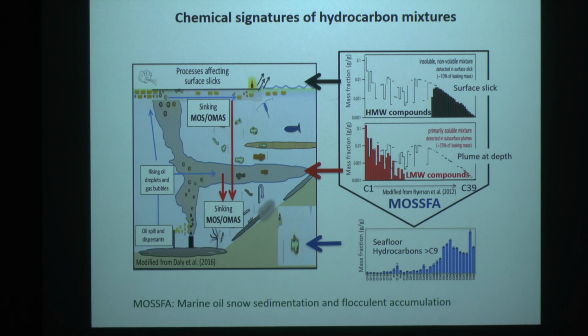Later, the compounds on the surface mixed with algae and sediments, got heavier and sank. And that's what we see in the sediments. Sometimes where there was the plume, we see different chemistry coming from the surface of the water column.